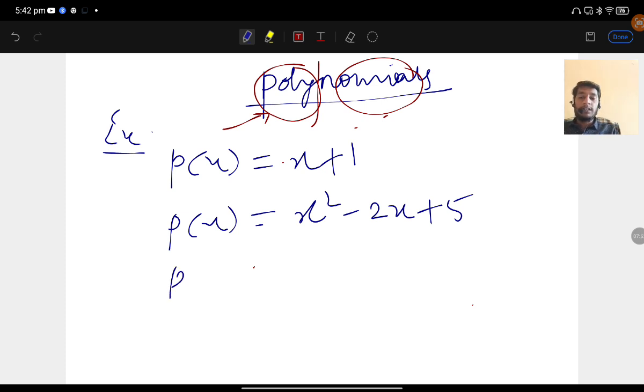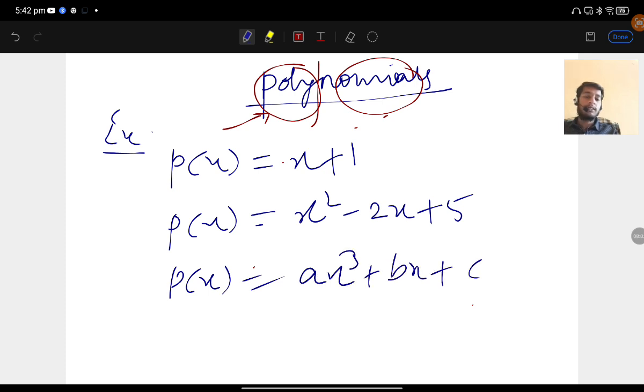Third, p of x equals ax cube plus bx plus c.